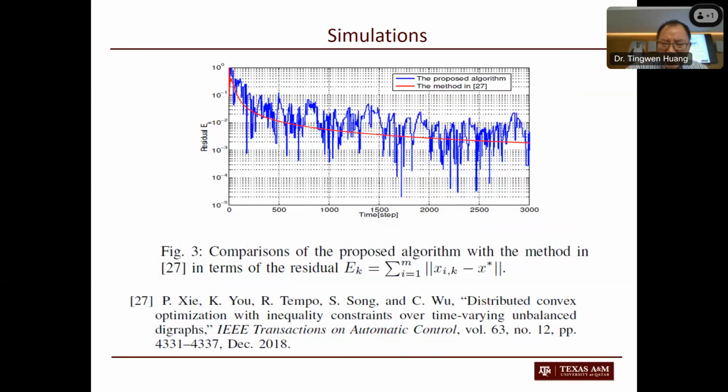The red one is the algorithm implemented from the reference below, basically written by Dr. Xie, Yu and Temple, Dr. Song, and Dr. Wu. Now we can see our algorithm approaches the optimal solution very quickly and very well.